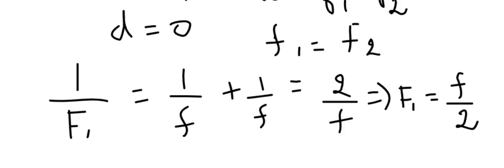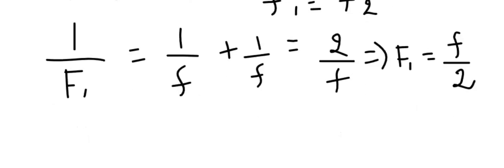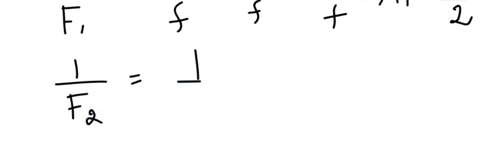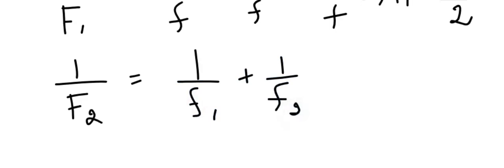Now the space is filled with glycerin, which acts as a convex lens of focal length minus F. So that becomes 1 by F2 is equal to 1 by F1 plus 1 by F2 plus 1 by F3.